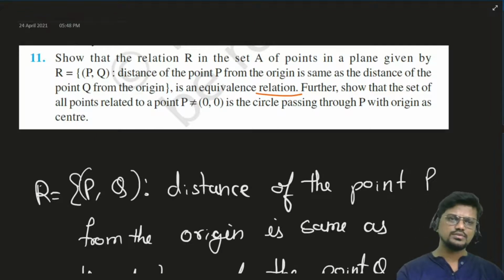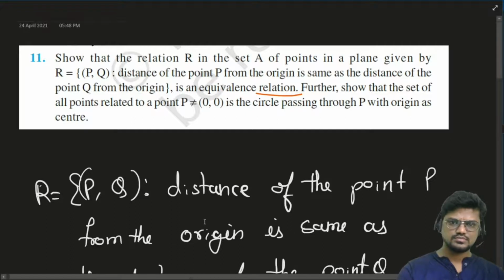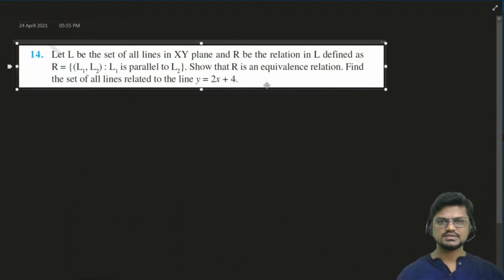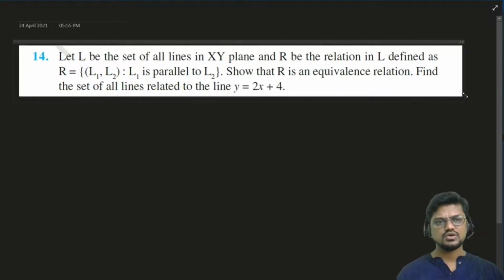Now the further problems are almost the same. I'll give you some examples. If I take this 14th as the question, it is also the same thing.